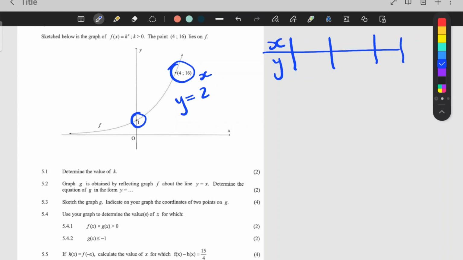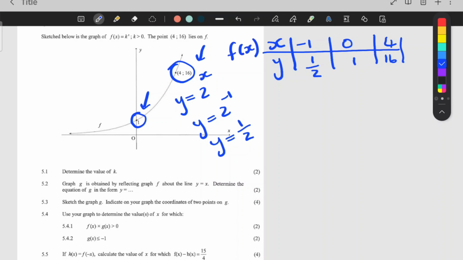So I have x is 0, then y is 1. That's this point. Then this point is (4; 16). So then I'm going to use just another point. Let me use negative 1. So if I sub in negative 1, I get my y to be a half. So there. Okay, so this is the original graph, right?